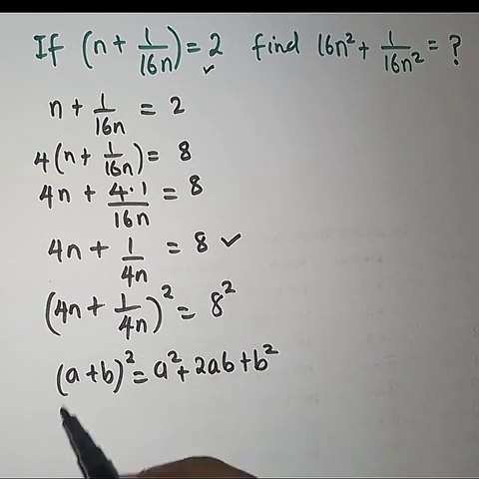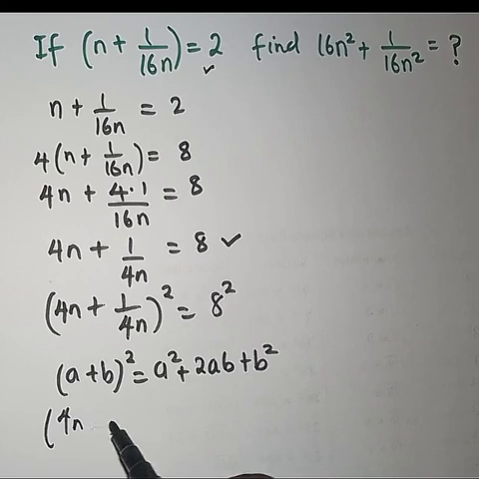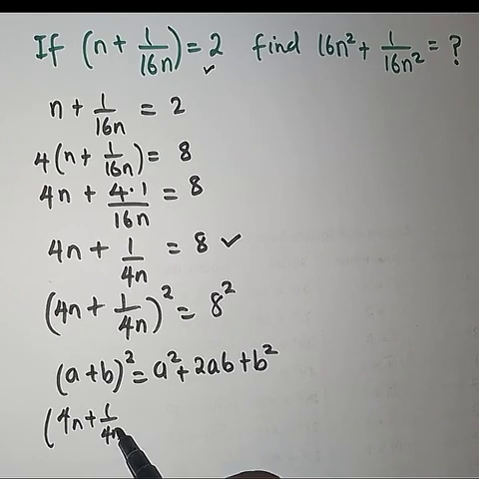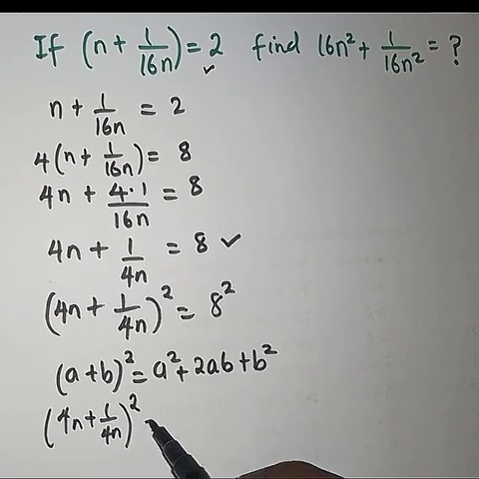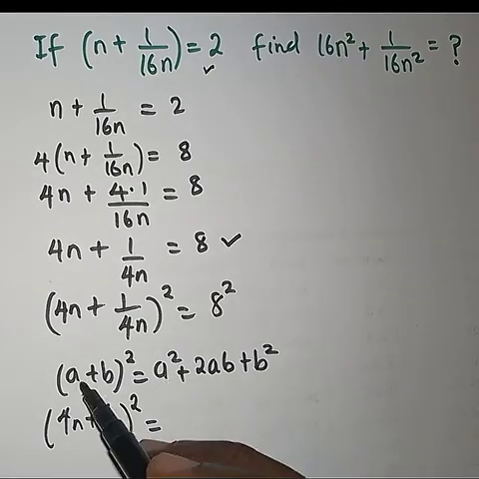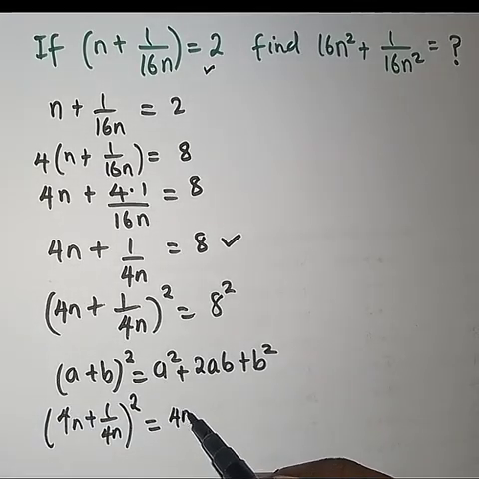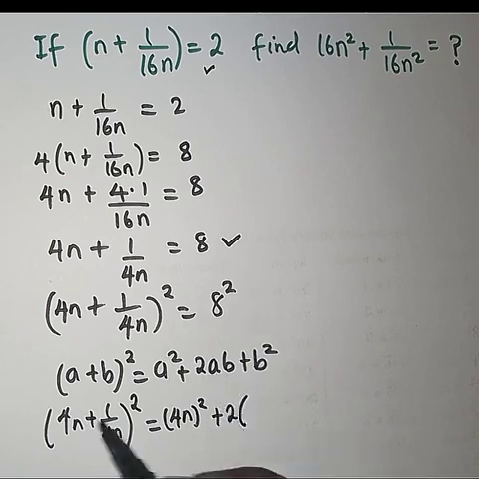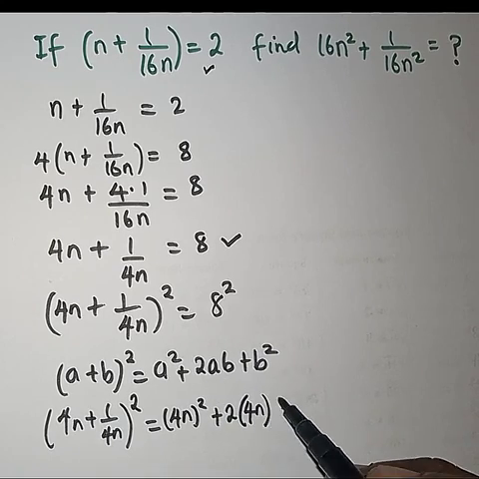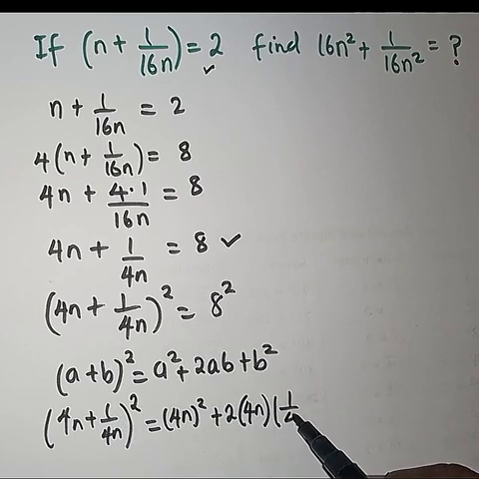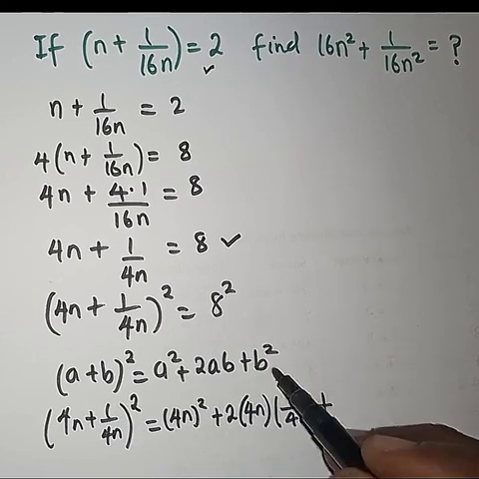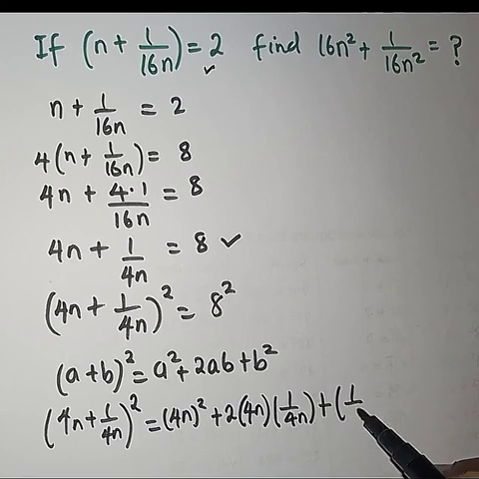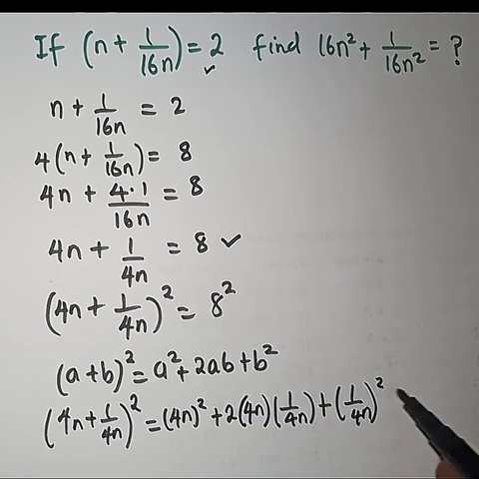So therefore, 4n plus 1 over 4n all squared is now going to be, my a is 4n, I have 4n all squared plus 2 times 4n times 1 over 4n, then plus b squared, which is 1 over 4n all squared.